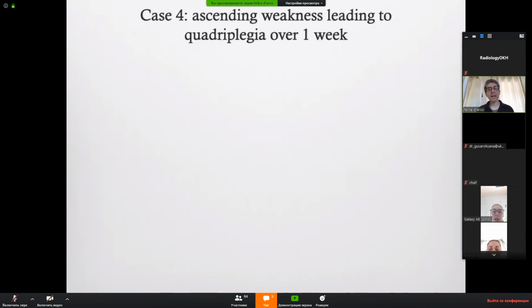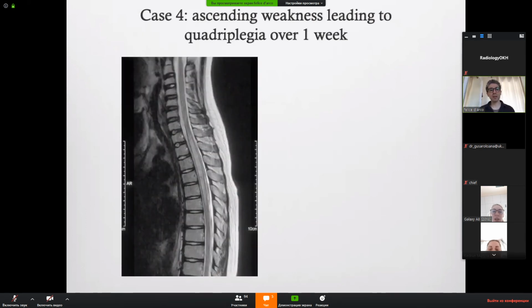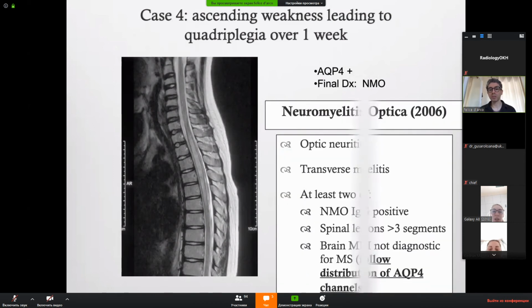Case 4, ascending weakness again, large extensive involvement of the spinal cord, aquaporin 4, NMO spectrum disease that can have optic neuritis, transverse myelitis. Remember, transverse myelitis is a clinical term because it refers to the clinical presentation, but you have extensive involvement of the spinal cord, and these are the diagnoses with MRI brain abnormality that follow the distribution of the aquaporin 4 channel.